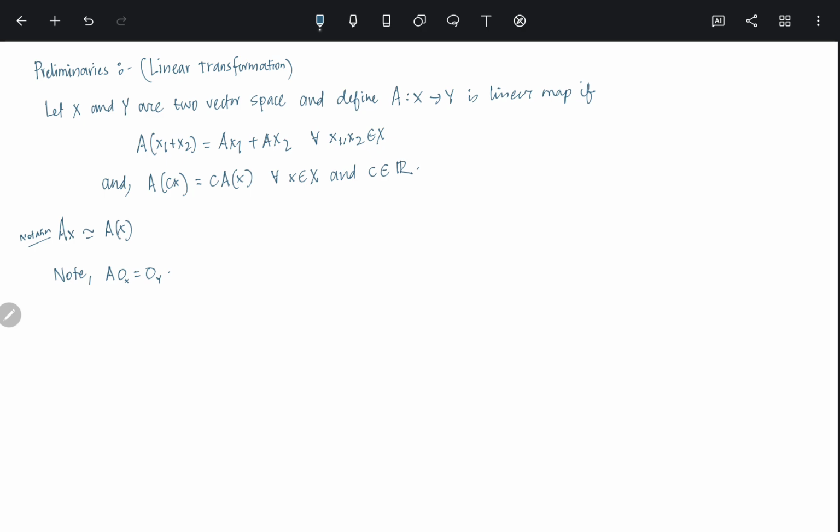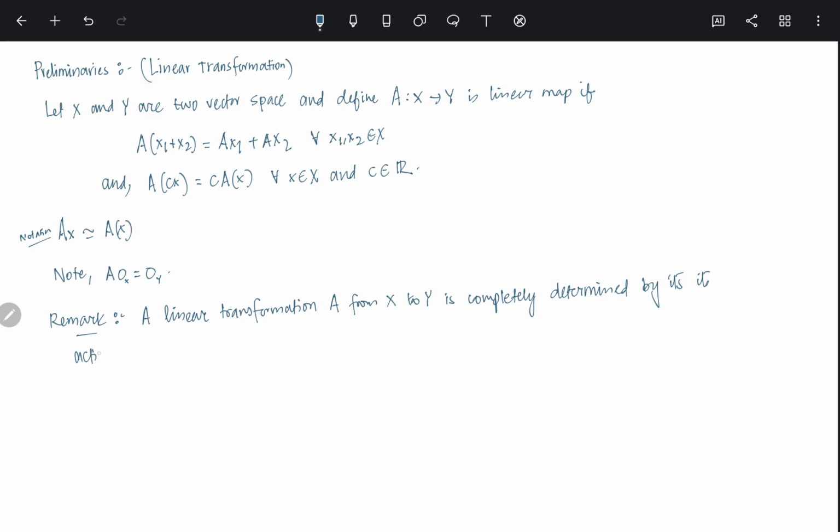So let me put it as a remark: a linear transformation A from X to Y is completely determined, so you can know exactly what it does, by its action on any basis.